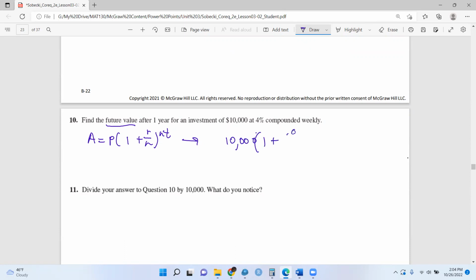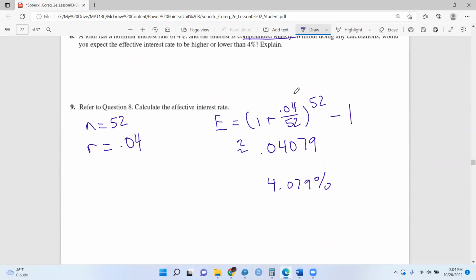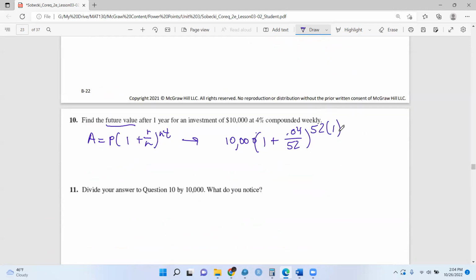The interest rate is 0.04. It's compounded weekly, so that's 52. We're raising it to the 52nd power, and the year is 1. If you look at this piece of the formula, this piece is exactly the same as this piece. We just didn't subtract the 1.